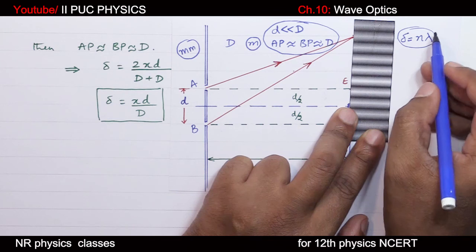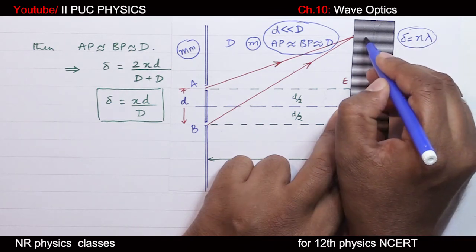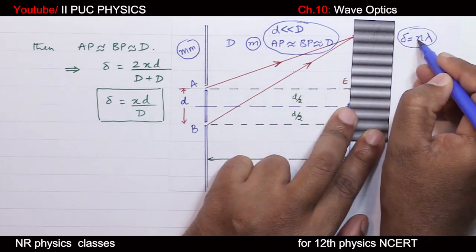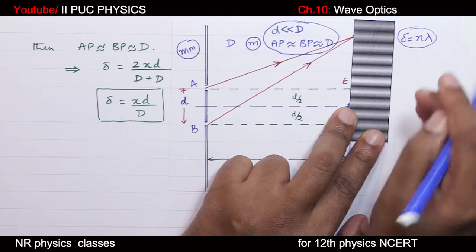Let me repeat. If a bright fringe is formed at P, then the path difference between these two waves must be an integral multiple of the wavelength.